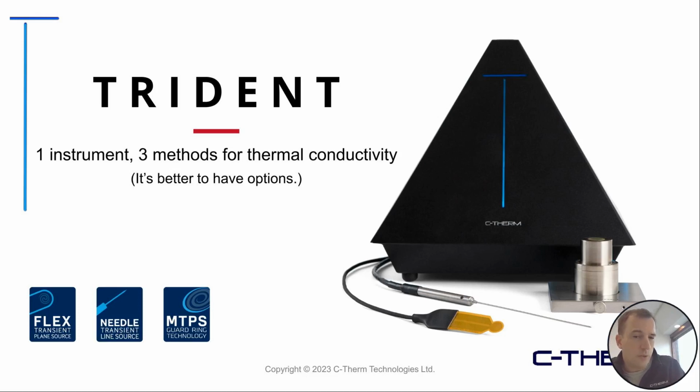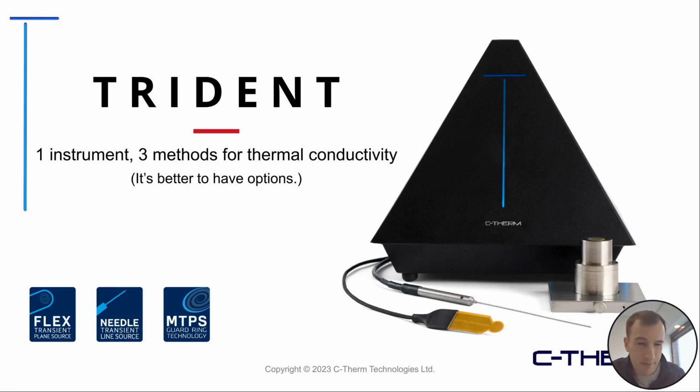The last one, which you will see pop up quite a bit in today's presentation, is the Flex TPS. That's the yellowish sensor. That's a sensor that sandwiches in between two samples. It's a nickel foil that's encapsulated in a polyamide. We call it the Flex TPS because it's a flexible sensor, but it also gives the user the flexibility over the timing power parameters.